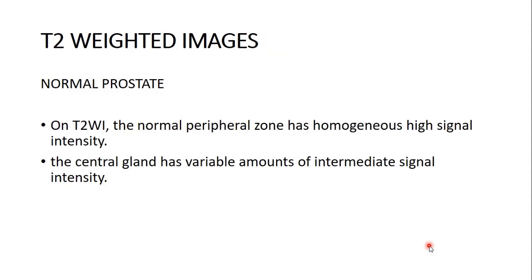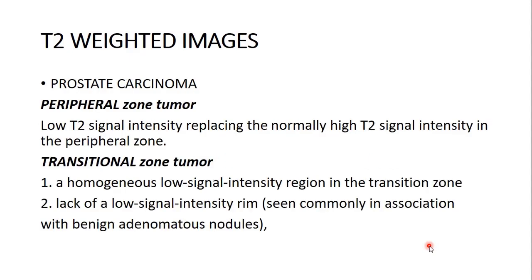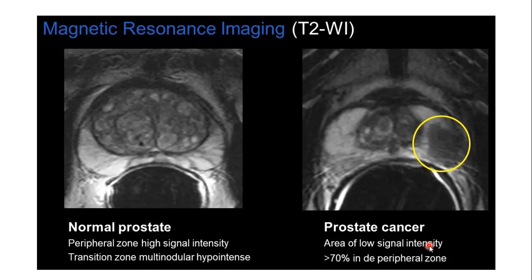On normal T2 weighted images, the peripheral zone has homogeneous high intensity signal, whereas the central zone has a variable amount of intermediate signal intensity. In prostatic cancer, low T2 signal intensity replaces the high signal intensity in the peripheral zone. In transitional zone tumor, a homogeneous region in the transitional zone and lack of a low intensity rim suggest prostatic cancer. This is the normal T2 image.